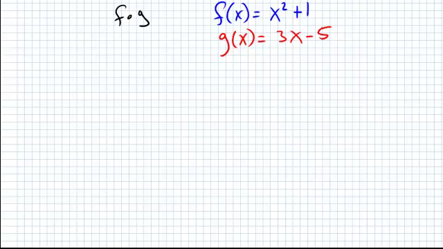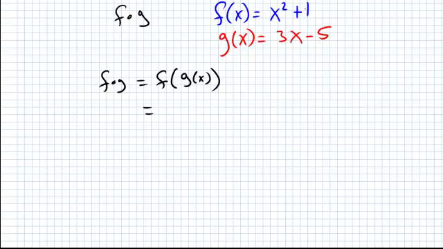And then I wanted to do f circle g. So all an f circle g is, we can reinterpret it. All that means is f of g of x. Just like we did up above. So let's go ahead and do that.